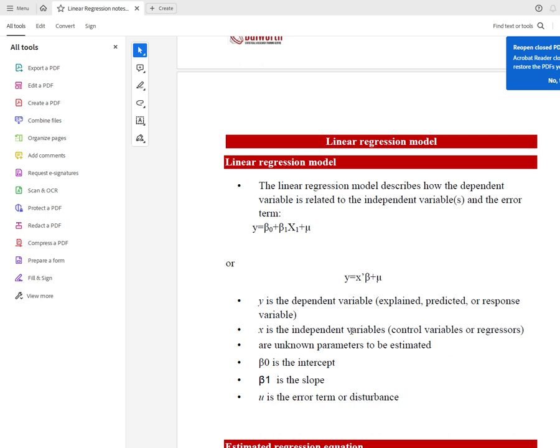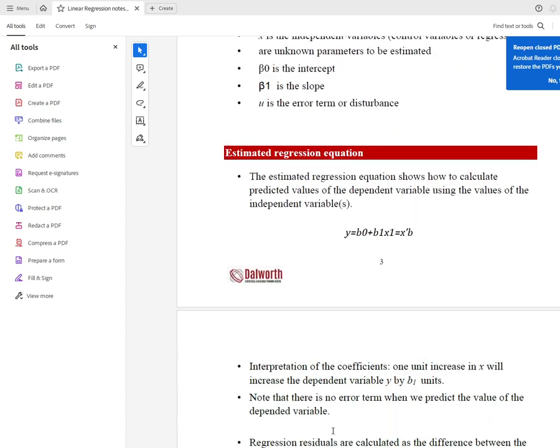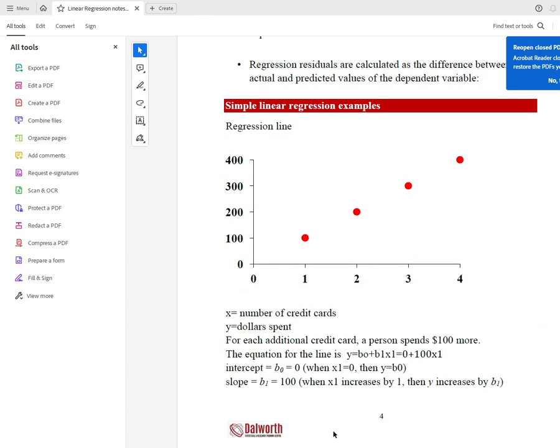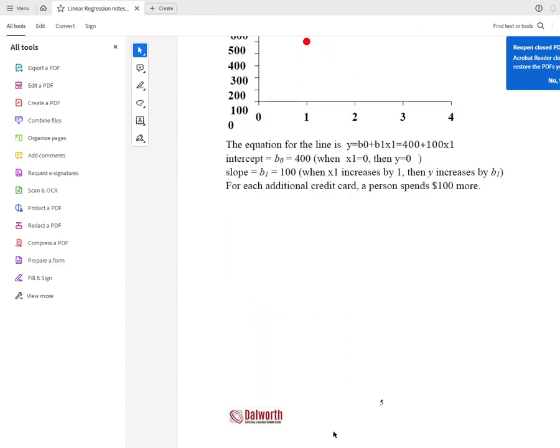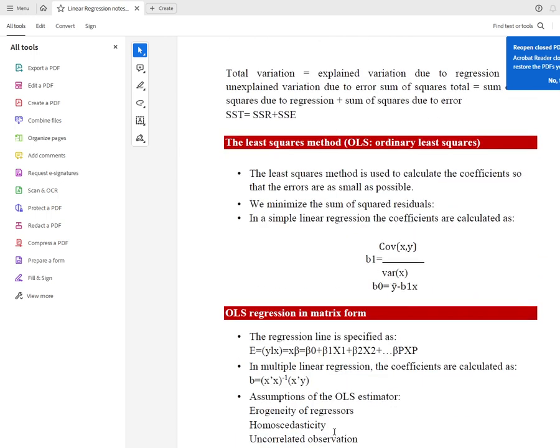So the percentage change in your y that can be explained by the x's is what we refer to as the coefficient of determination. And of course, when you say a coefficient, that means it's some figure that we'll have to convert to a percentage.